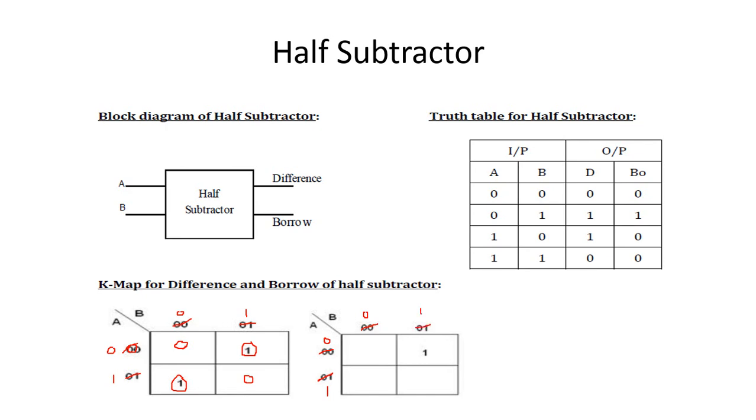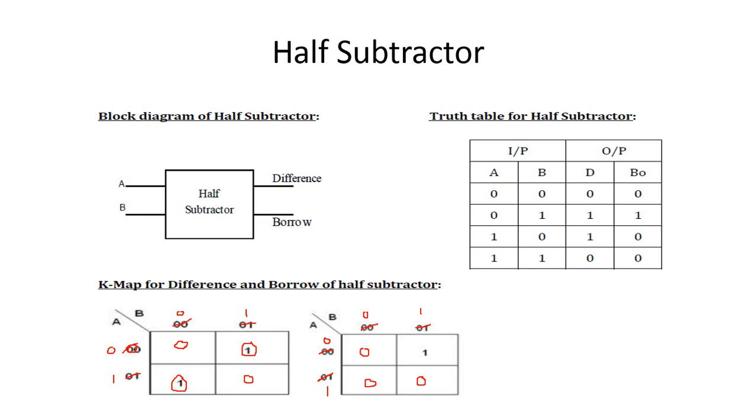For 0 0 input, borrow is 0. For 0 1 input combination, borrow is 1. For 1 0 input, borrow is 0. For 1 1 input, borrow is 0.